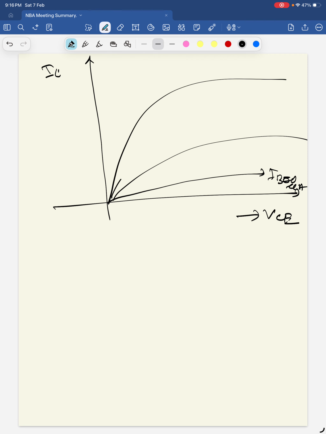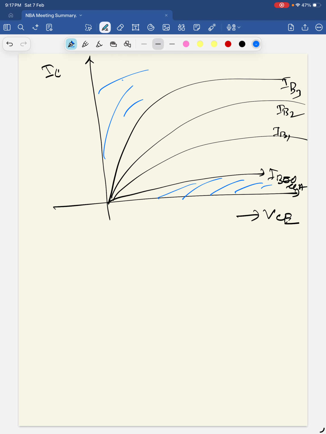So these are different base currents. This is IB0 is 0, it may be IB1 in general, IB2, IB3. This part is cutoff region, and we are considering this region is saturation. This portion is cutoff region.